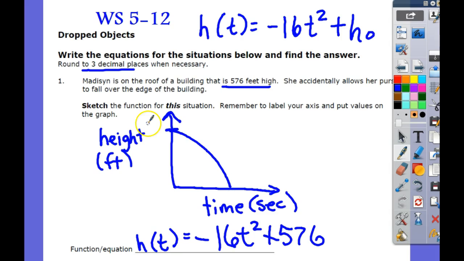This is going to start at 576, and it's going to go down. And why did I make it look like sort of like a half of a parabola? Looks like a parabola because t is squared. It's only half of a parabola because we ignore the negative time part.